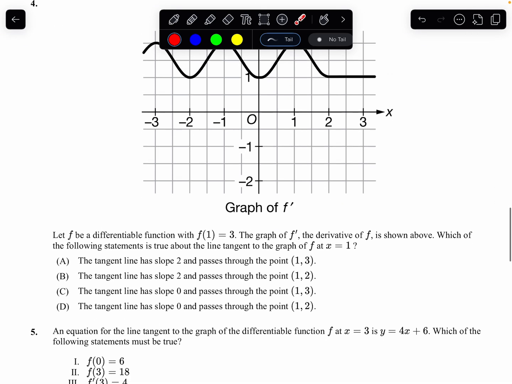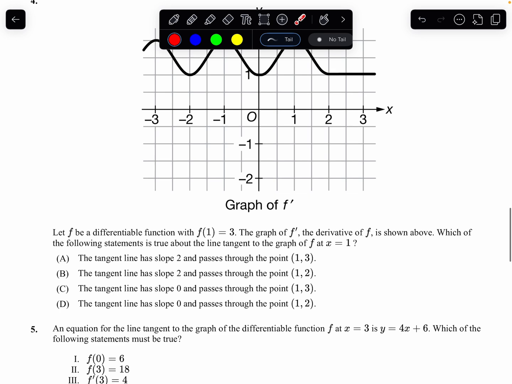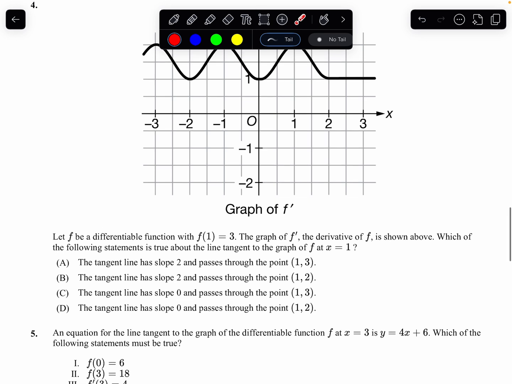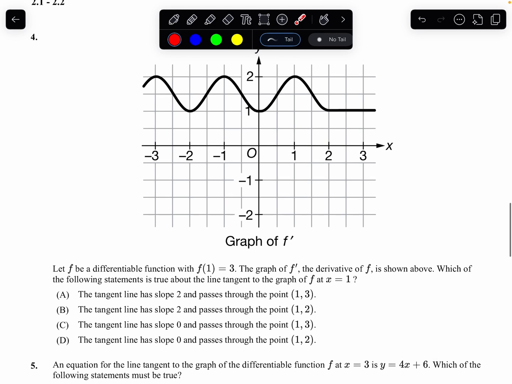For number 4, let f be the differentiable function with f of 1 is equal to 3. Okay. F of 1 is equal to 3. So notice that this graph is the graph of the derivative. This is not the graph of f. It's the graph of its derivative. Okay.